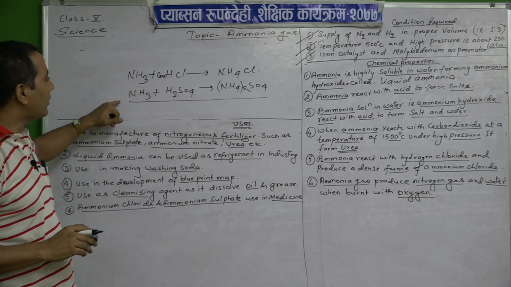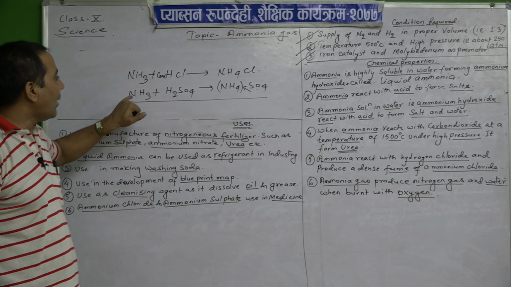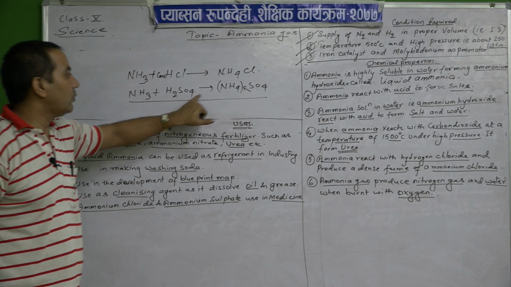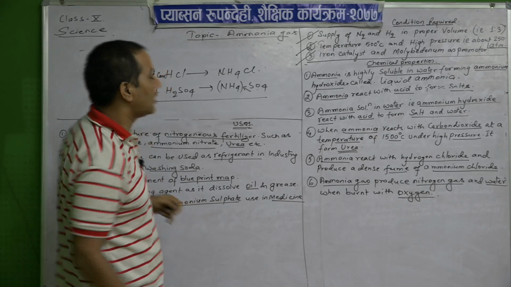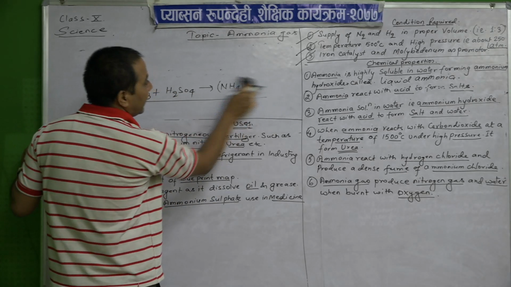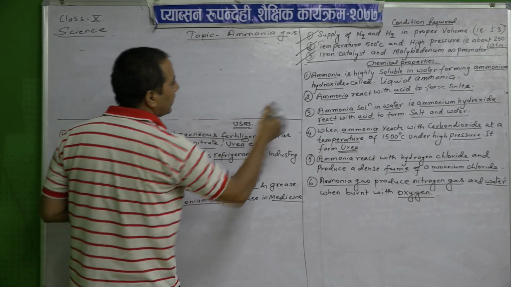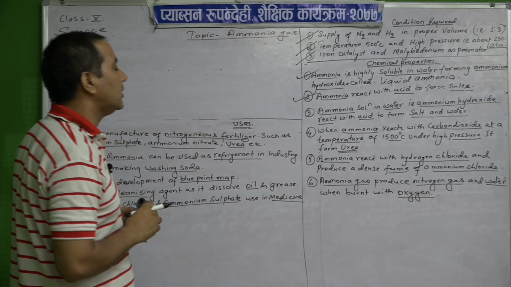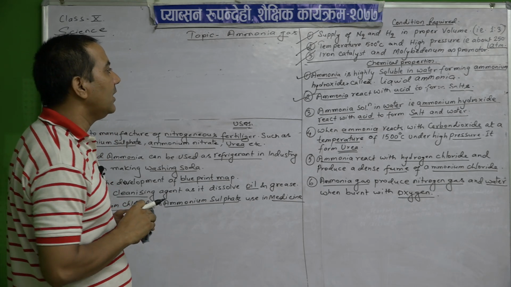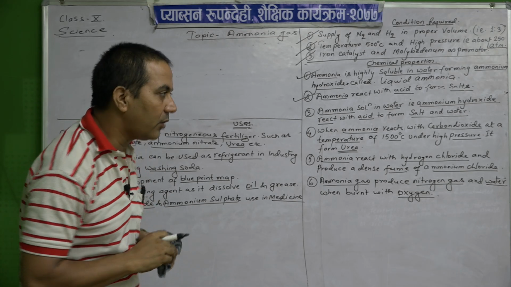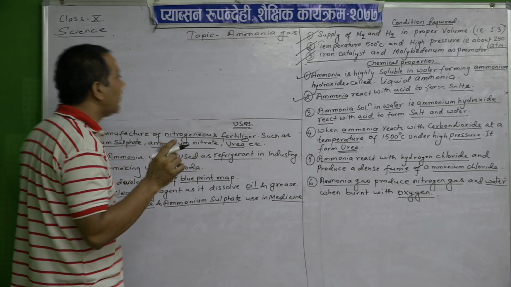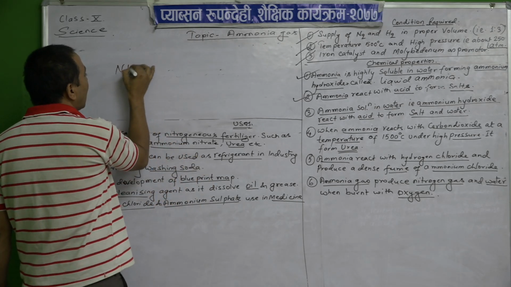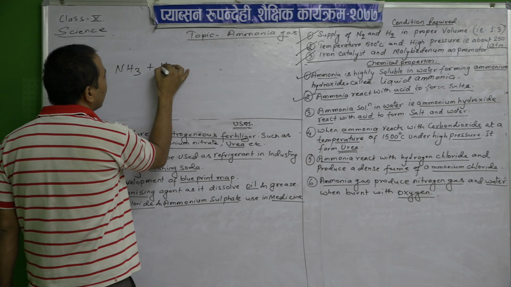So what we come to know is that when ammonia reacts with acids, it will form an ammonium salt. Now comes the next point, that is when ammonia dissolves in water, it means ammonium hydroxide. Ammonia solution in water means what?